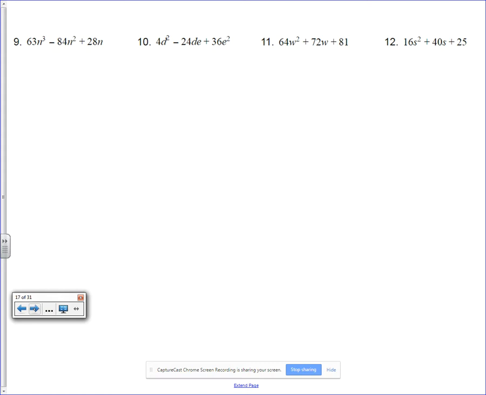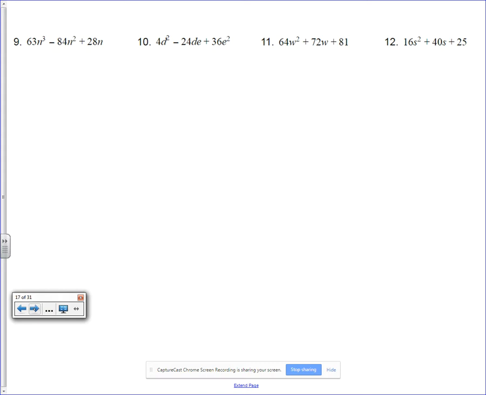It's not a 4. The 63 won't divide by 4. It can't be anything even because 63 is not even. That 63 is the hang up here.